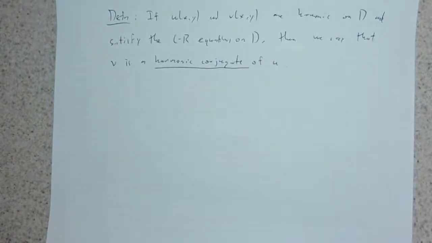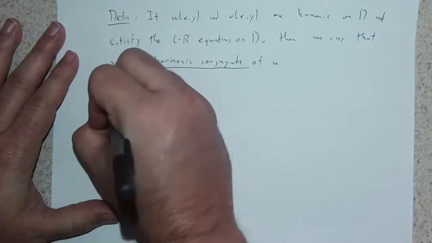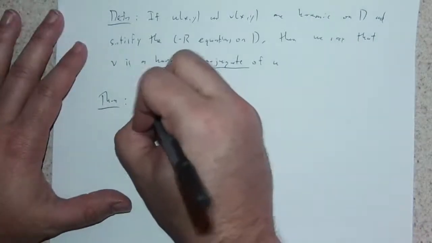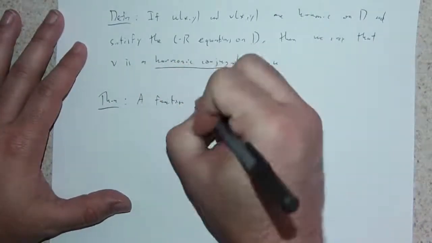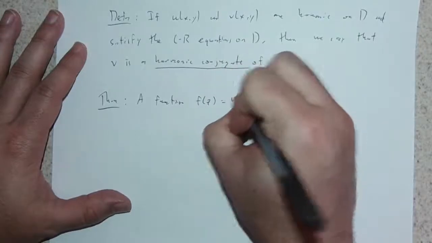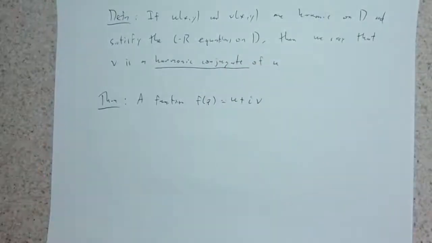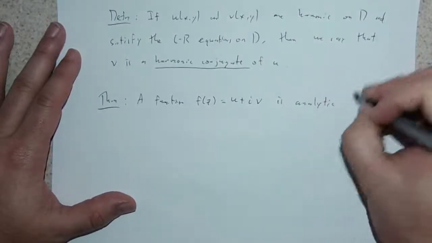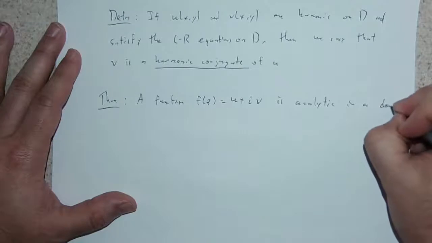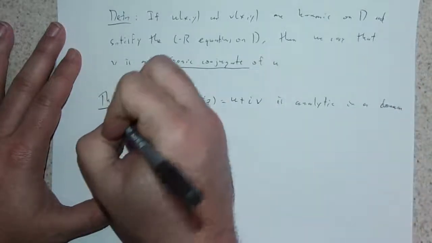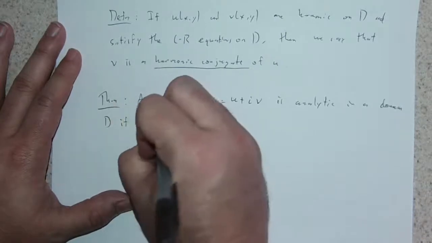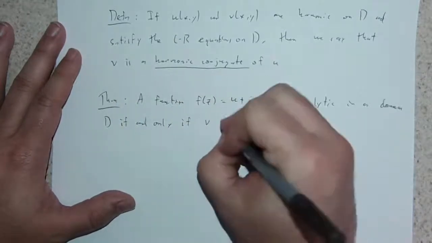And so this gives us a very nice way of restating the previous fact as an if and only if statement. A function f of z, which is u plus iv, is analytic in a domain D if and only if v is a harmonic conjugate of u.